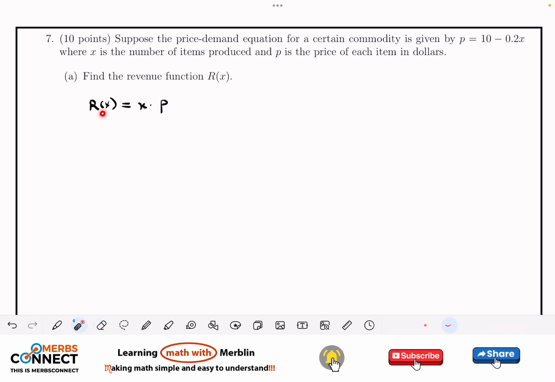Since this is X, our function should be in terms of X, so we need to change the P. Fortunately, P is equal to 10 minus 0.2X. So this is going to be X times 10 minus 0.2X. Simplify: 10X minus 0.2X squared.